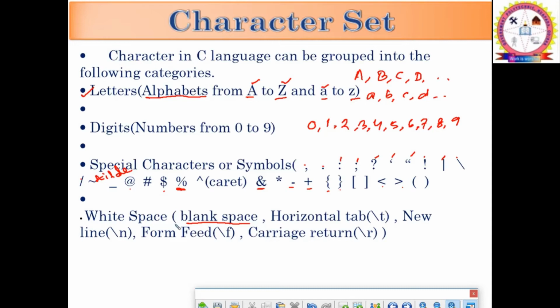So these are some characters recognized in the C language. In total, 4 categories of characters are recognized by the C language: letters or alphabets, then digits, then special symbols or characters, and the fourth category is white space.